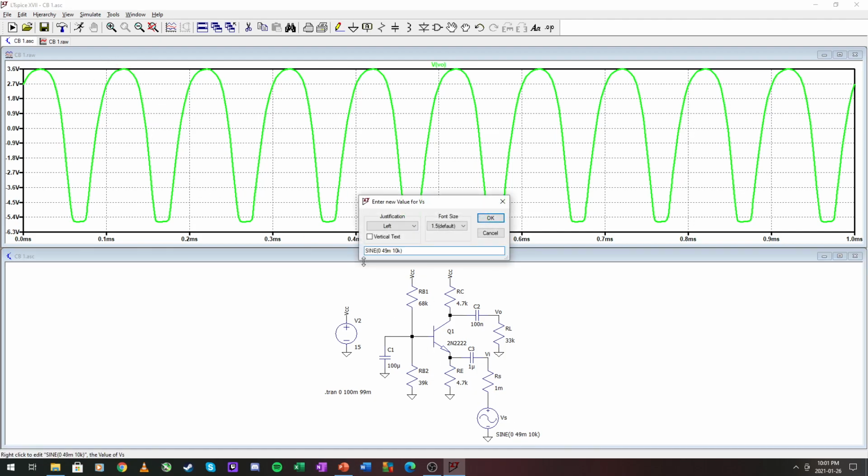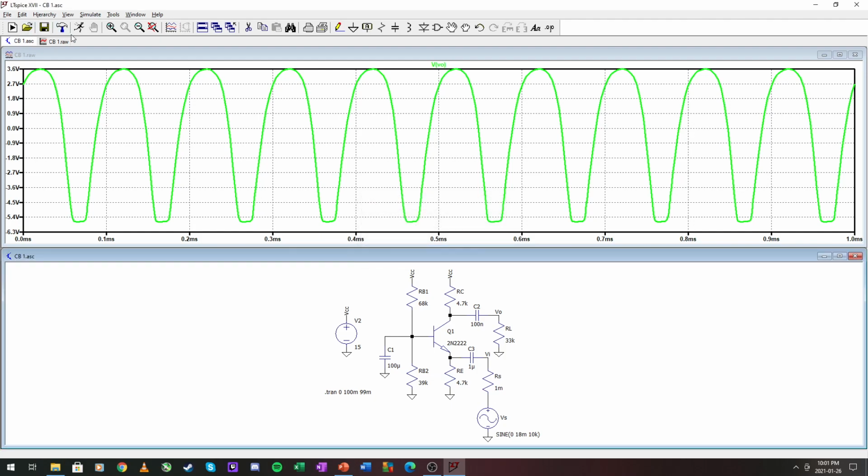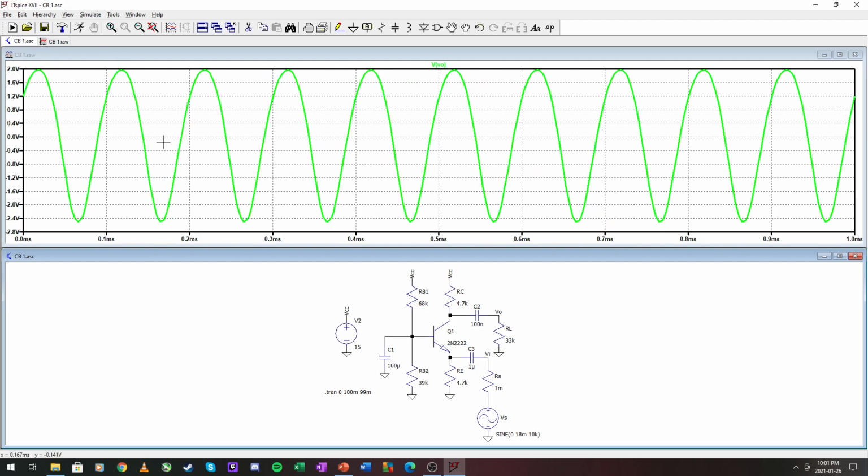The smaller value we calculated, it was 18 milli, and now it should have no clipping, and this is a recognizable sinusoidal wave. It is still not very linear, but we can see it as a sinusoid. Okay, so this is because this is closer to 10 millivolts being inserted right here.